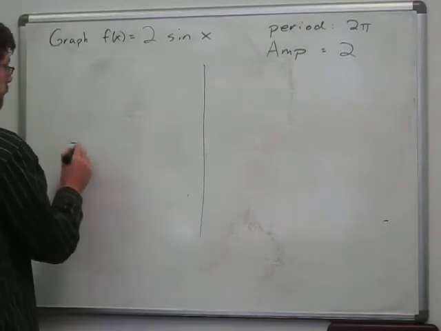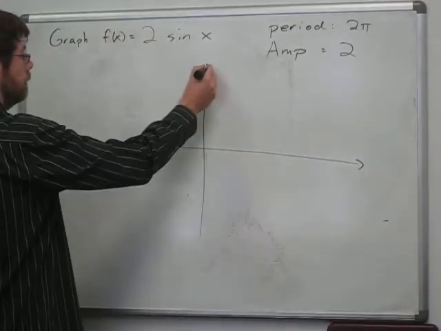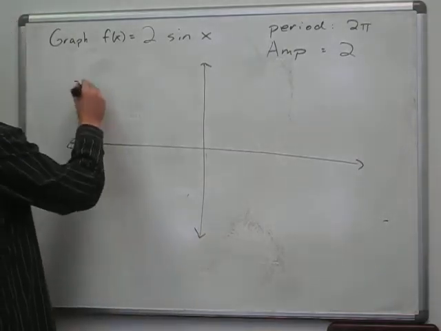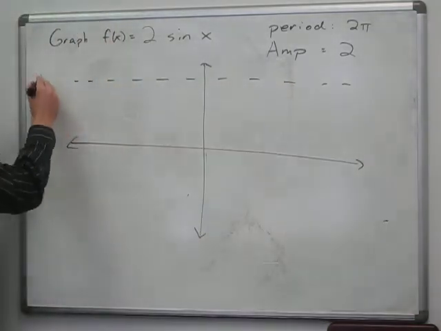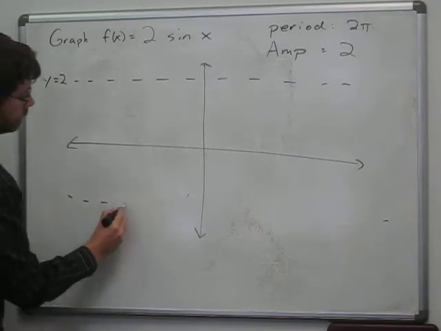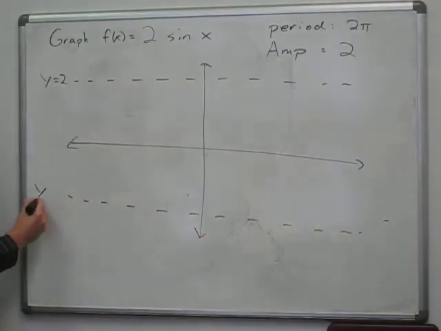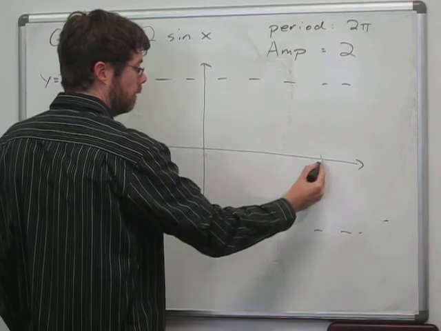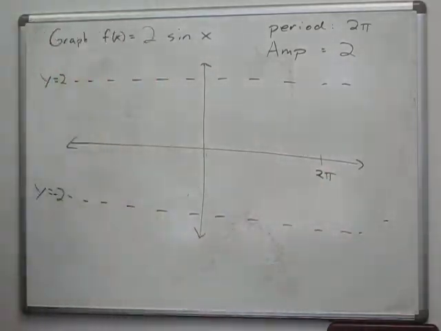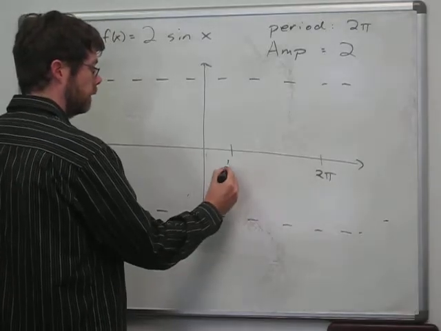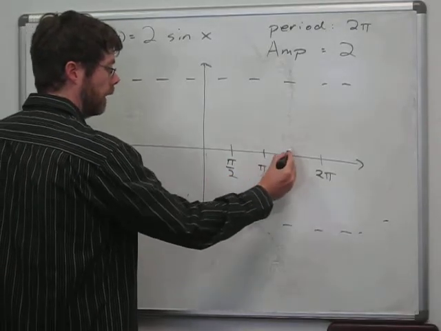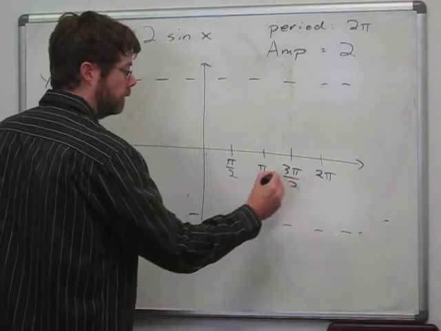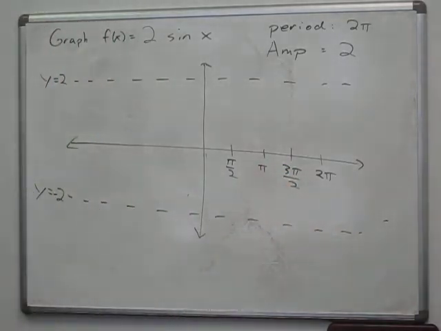So to graph this, my horizontal lines, I'm now going to throw in 2 and negative 2. Okay. Period is 2 pi. So I'm going to go out a full period and then again chop this period into quarters. Pi over 2, pi, 3 pi over 2. Okay.